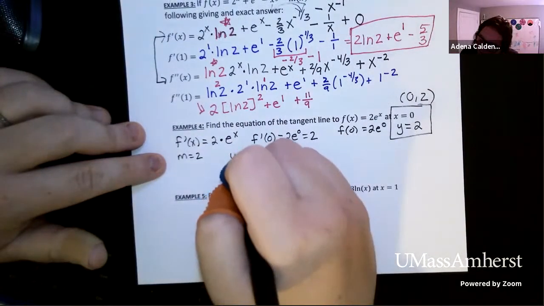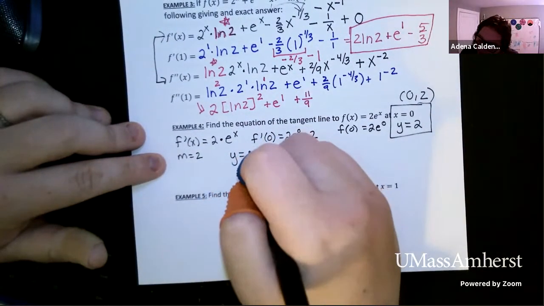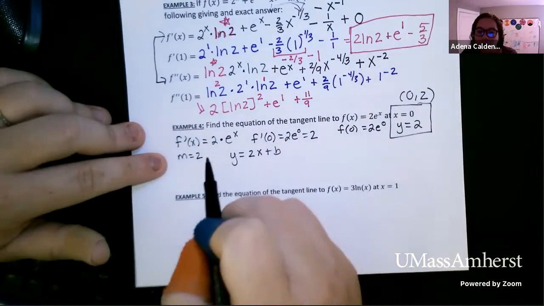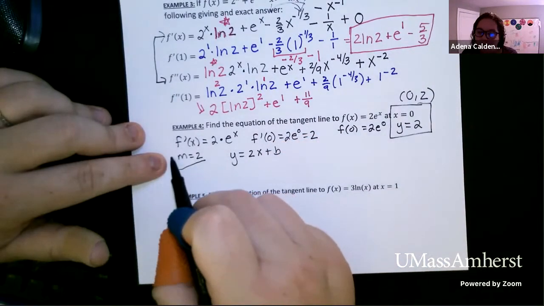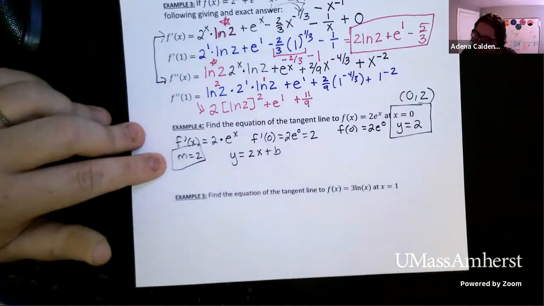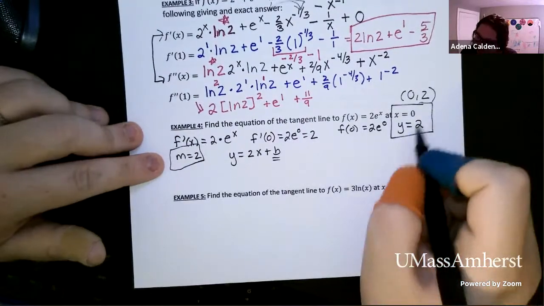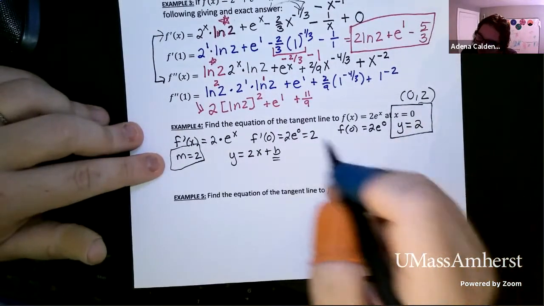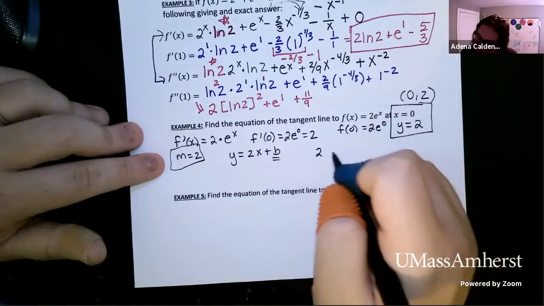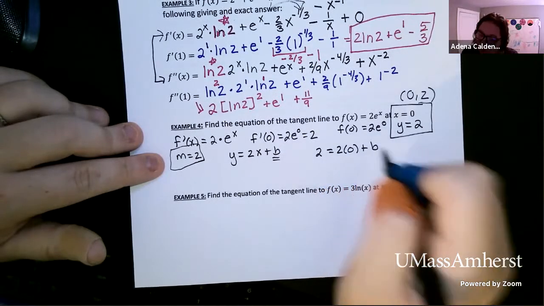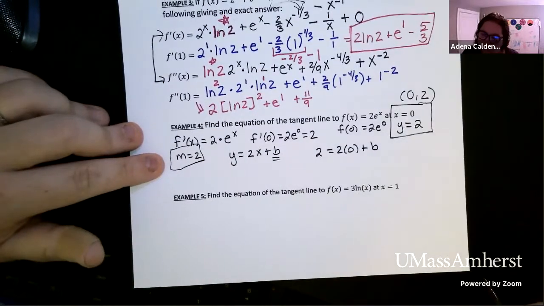So when I think about the equation of my line, y equals mx plus b, I have y equals 2x plus b because the derivative tells me my slope. Okay, so now I need to solve for b. I solve for b by plugging in my point. So I have 2 equals 2 times 0 plus b. 2 times 0 is 0.